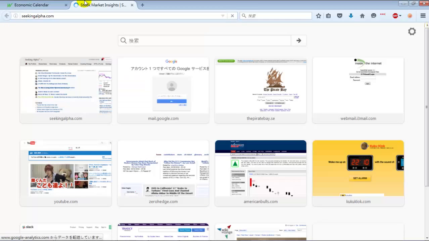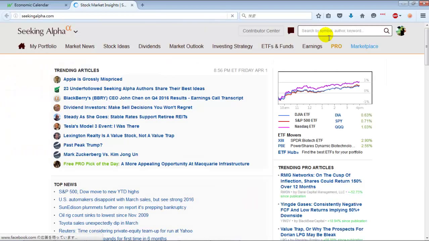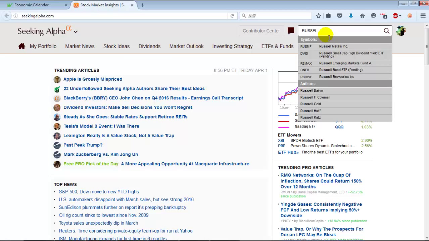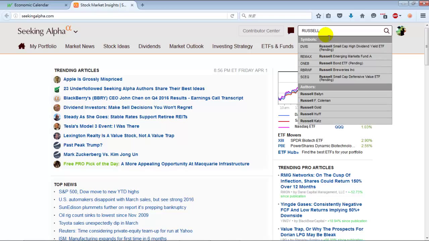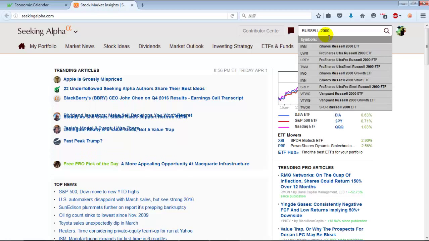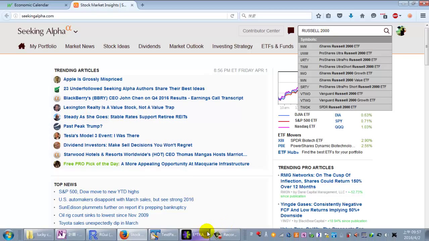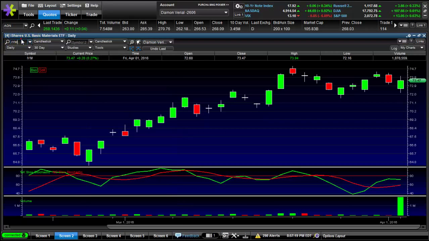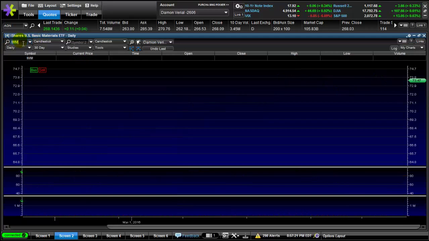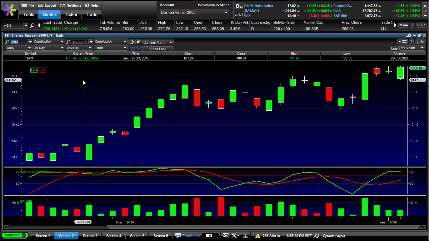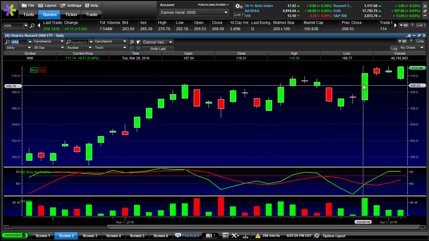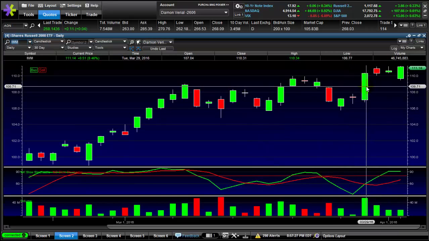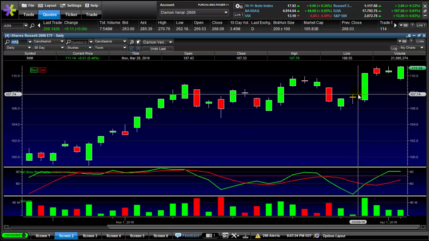But the idea is, if you want to, let's see, Russell 2000, IWM. There you go. The idea is IWM is more forward-looking than the SPY or the QQQ. It tells you how liquid stocks react, because money tends to flow out of these stocks before a market crash and into the stocks when a recovery comes.